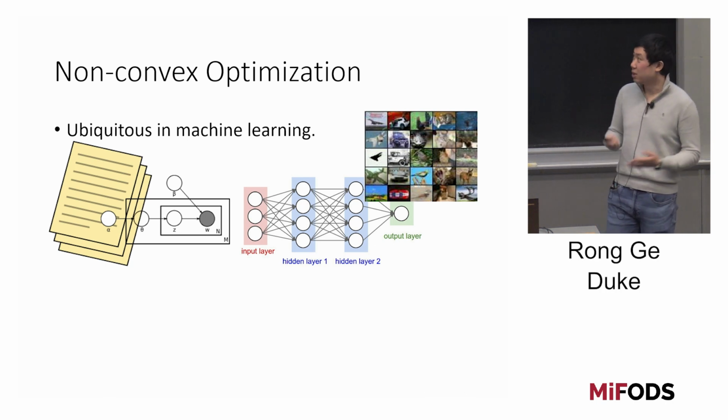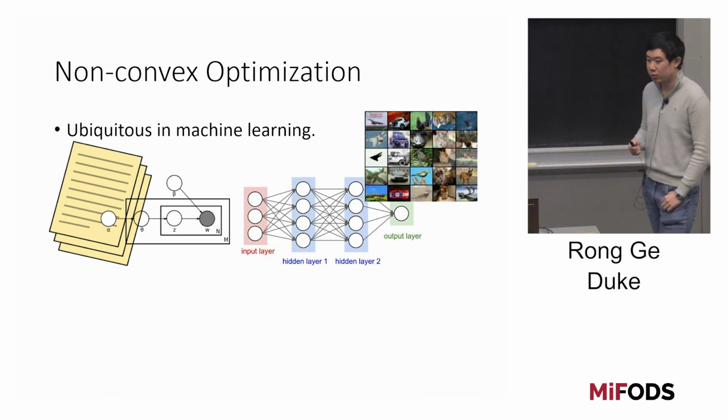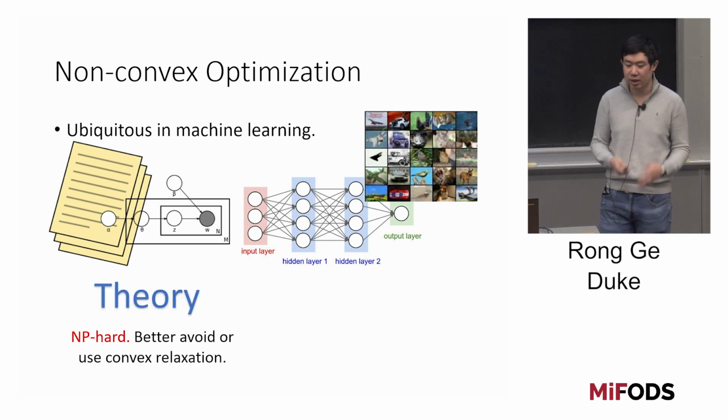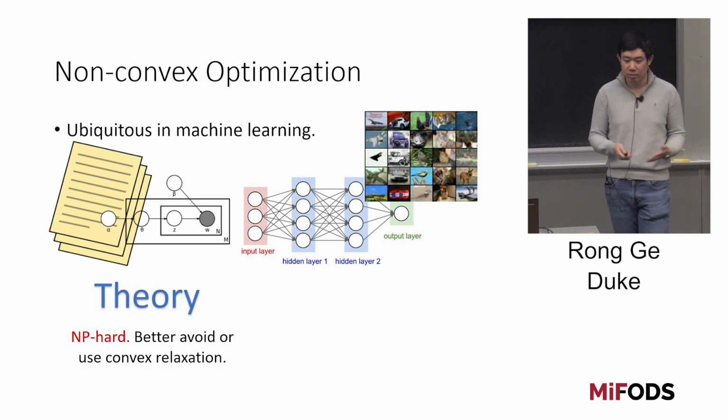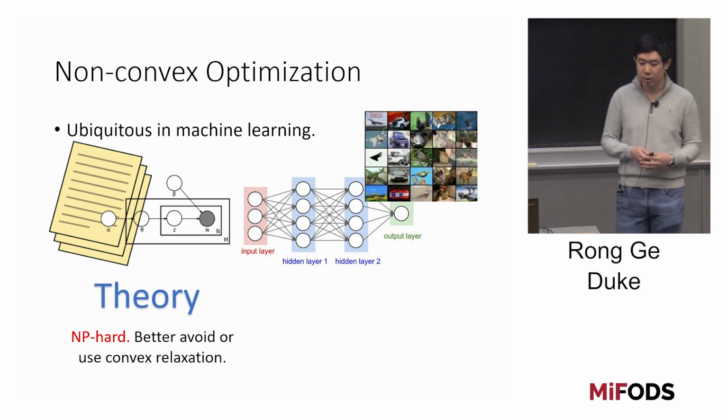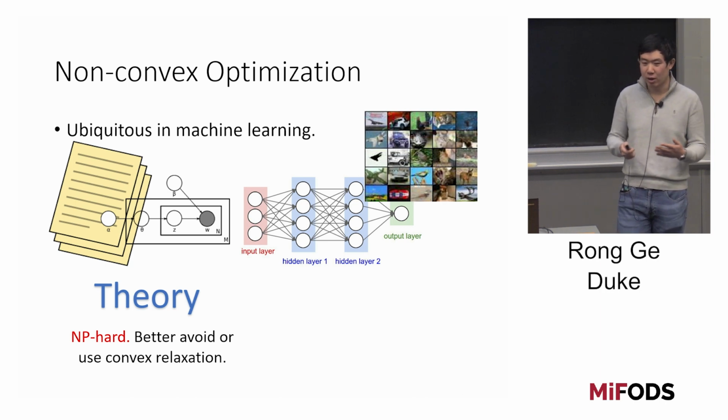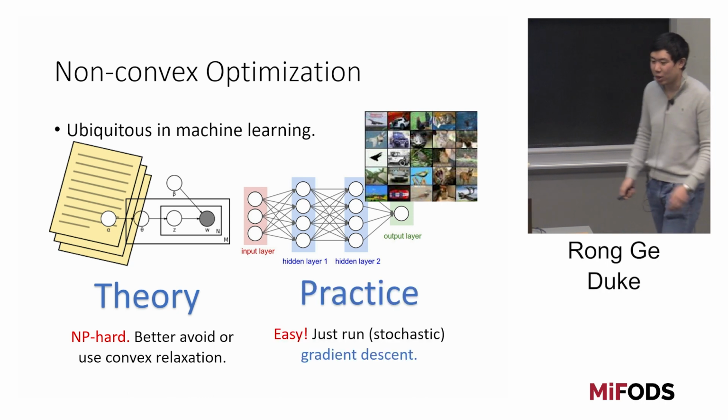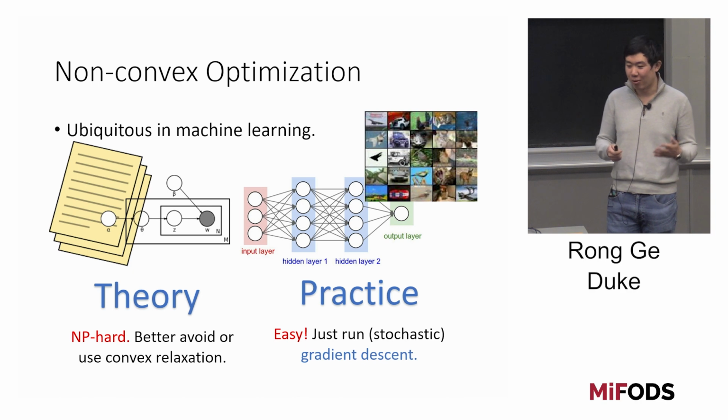So there's a difference between theory and practice for non-convex optimization. In theory, the traditional wisdom is that non-convex optimizations are NP-hard in general. So because they are NP-hard, let's try to avoid doing non-convex optimization, and maybe use something like convex relaxation. On the other hand, in practice, especially in machine learning practice, that's not what happened.